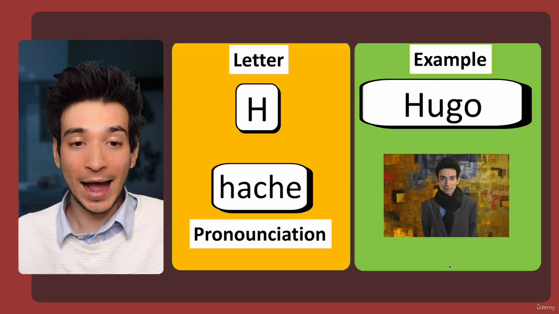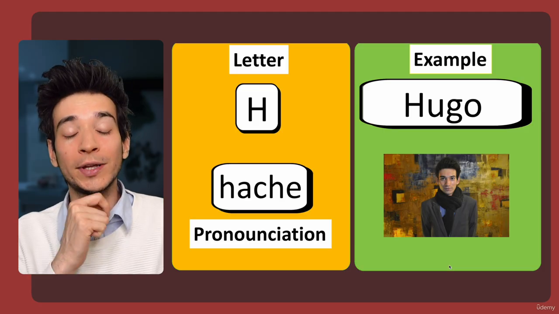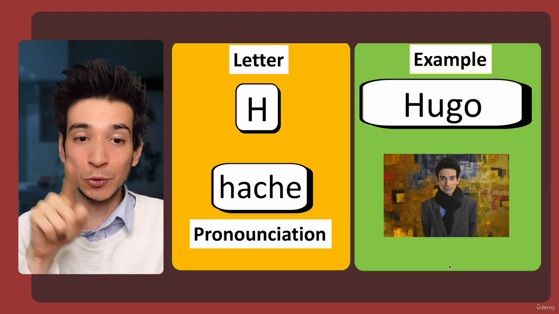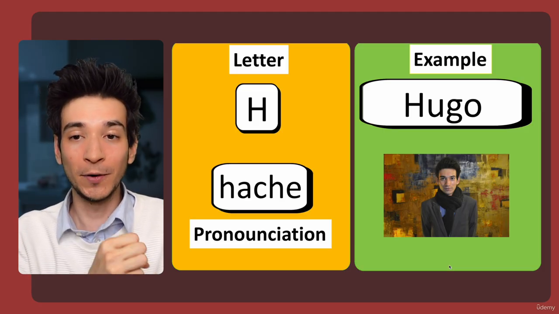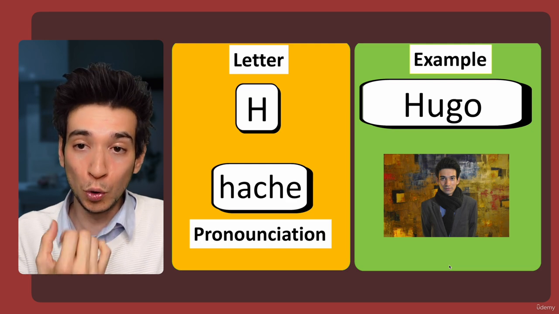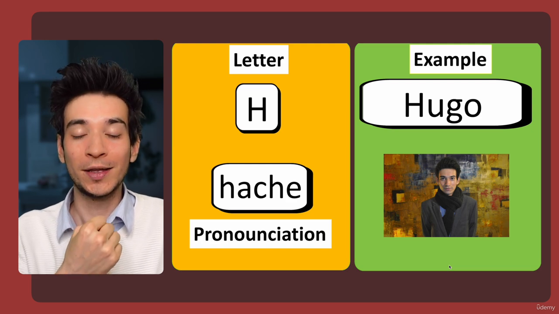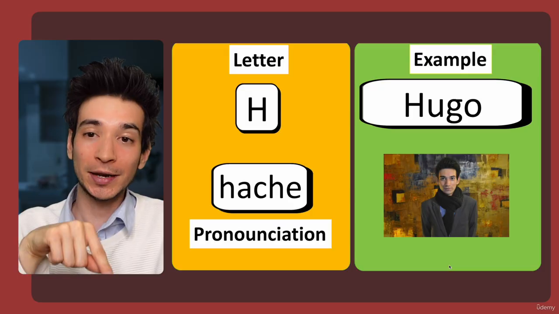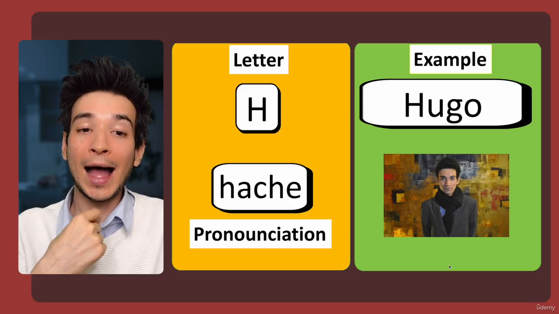H. So in Spanish, the letter H is mute, so we don't actually say it. For example, my name is Hugo. So we don't pronounce the letter H in Spanish.